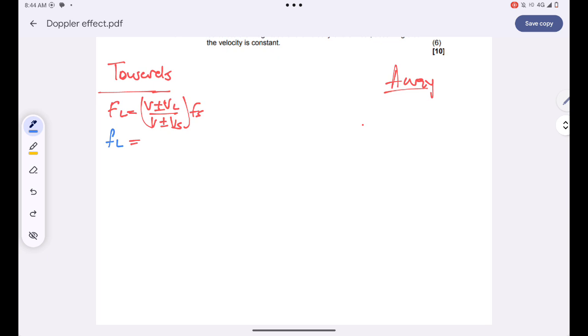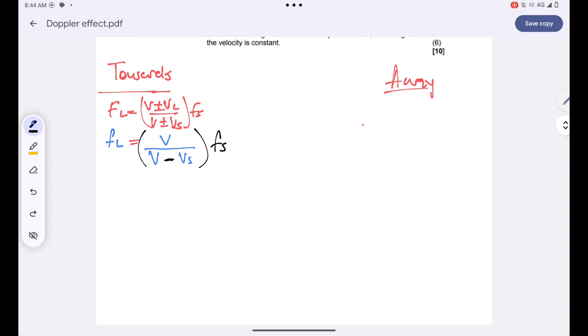So our numerator will simply have the speed of sound in a medium only. And then for the denominator, since the source is moving towards the listener, I will simply have v and the velocity of the source, but since the source is moving towards the listener, I will have a minus there at the bottom. Are you together? And then obviously multiply by the frequency of the source.